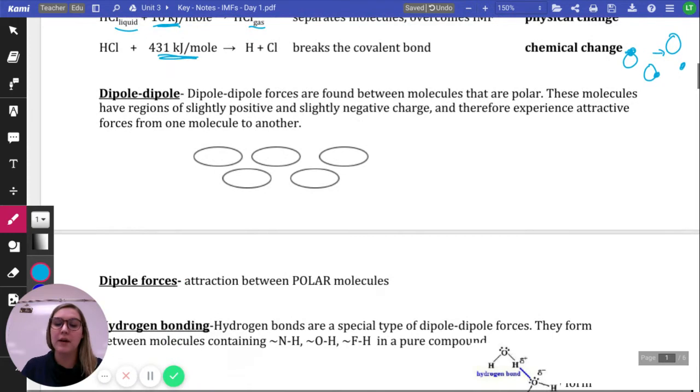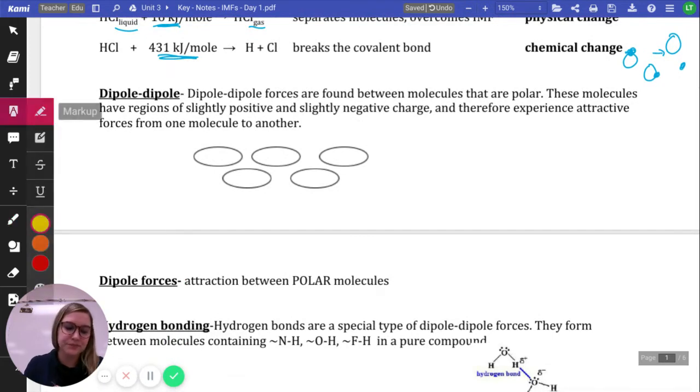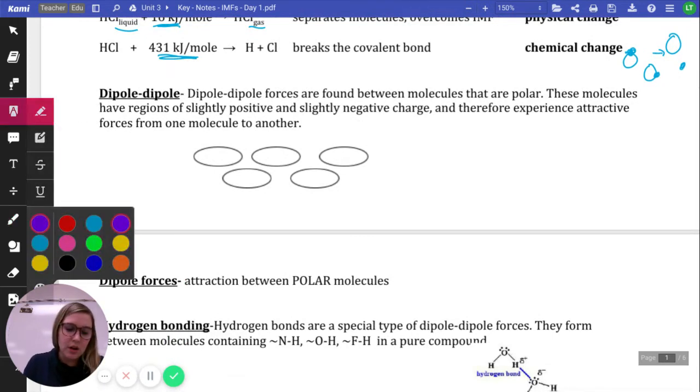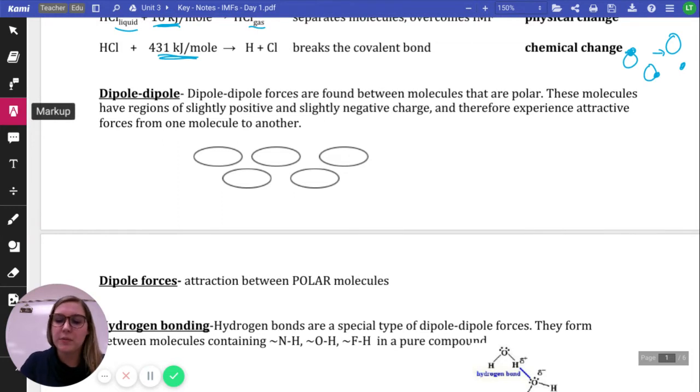So our first one we're going to talk about is dipole-dipole forces. Dipole-dipole forces are found between molecules that are polar. And in our polar molecules, we have what we call a dipole, and it's the regions of slightly positive and slightly negative charge. So it's where we have that unbalance of electrons.